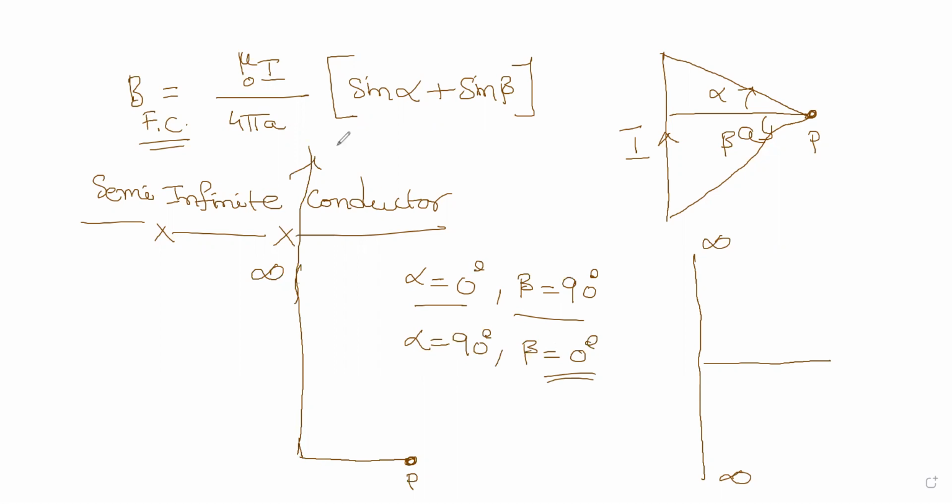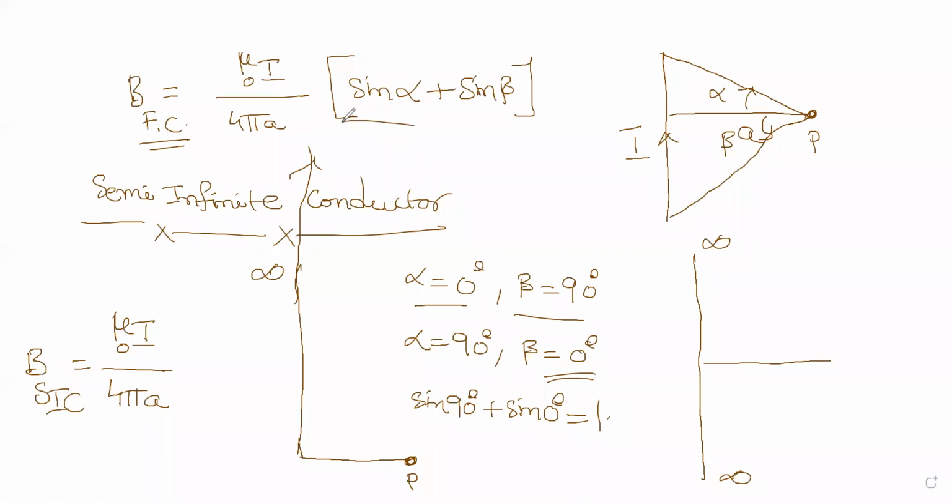Now, once you plug in, the field for a semi-infinite conductor is given by mu naught I divided by 4 pi A, into sine 90 plus sine 0. What is the answer here? 1.